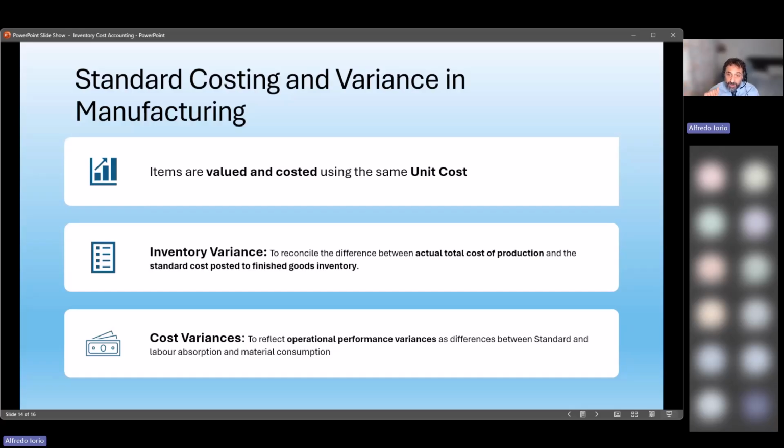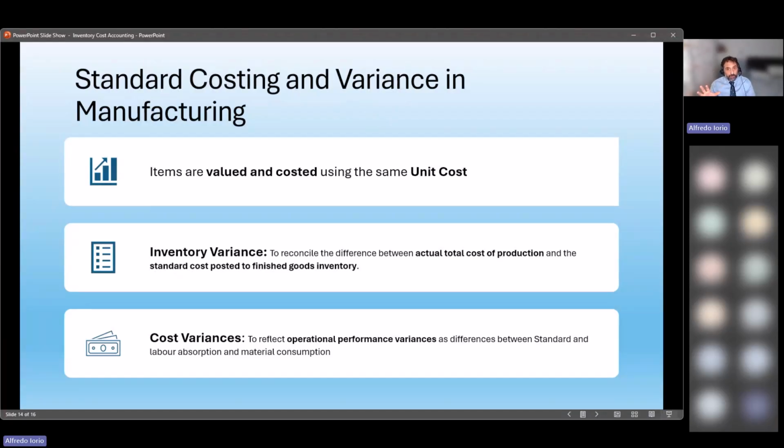There is an inventory variance, which is used to reconcile the difference between the actual total cost of production and the standard cost posted to the finished goods inventory, essentially to close with work in progress. But there is also a cost variance to reflect operational performance variances as the difference between the standard cost and labor absorption and material consumption.